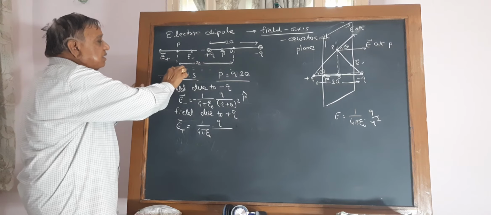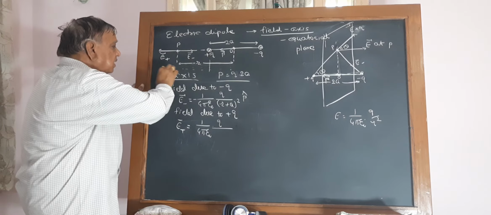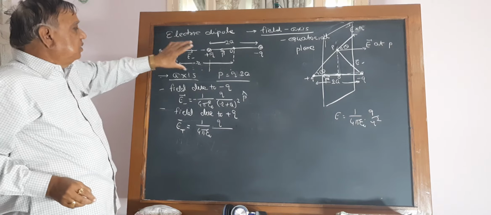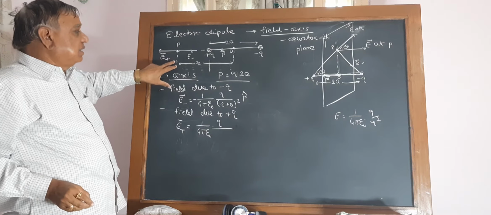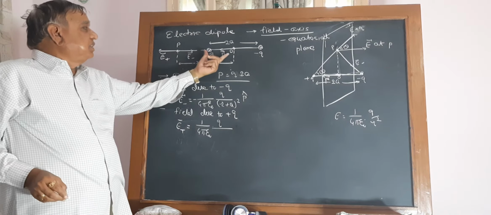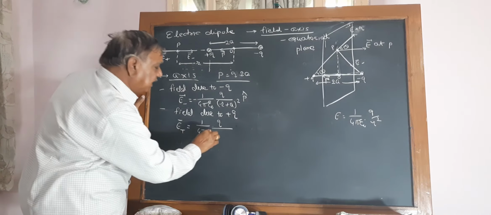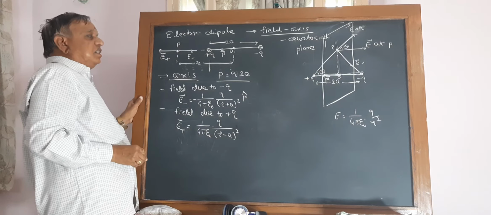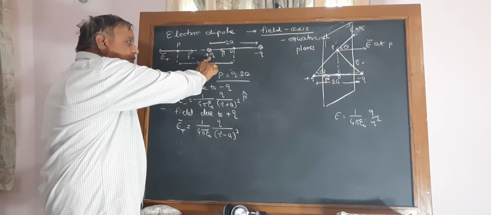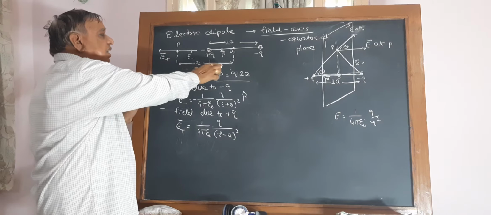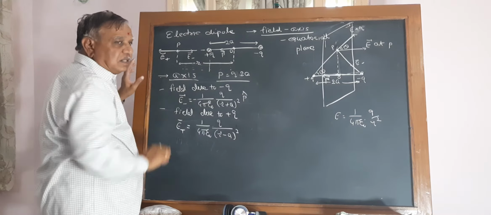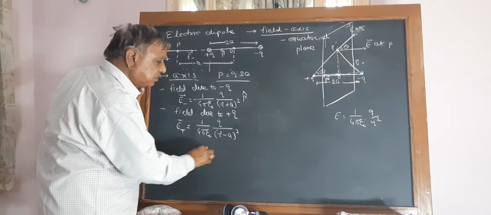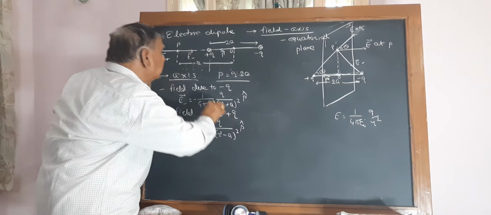The total distance is r, but we have to subtract a, so r minus a whole square. It is along p cap.